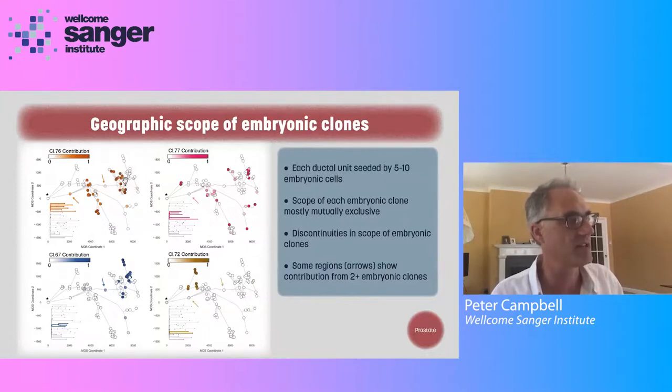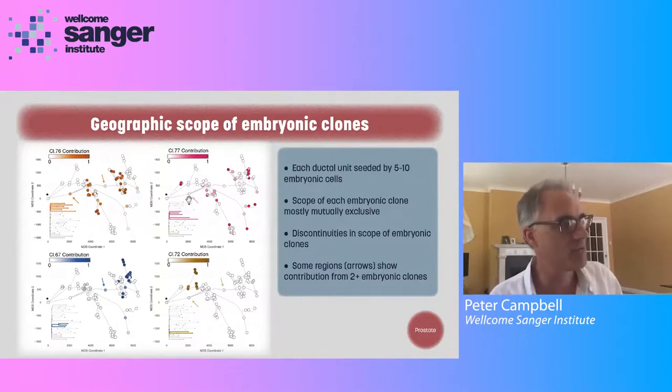In other words, a given microdissection, by and large, has contribution only from one embryonic cell. But there are some discontinuities. You can see that there are patches here of the pink cell, and then quite far-flung other regions that are seeded by the same embryonic cell, with many regions in between that are not seeded by this particular embryonic cell.